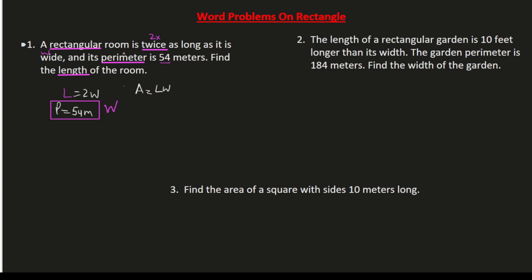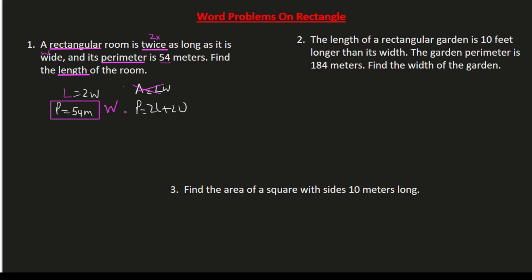However, in the problem here, there is no question of A, so we're not going to be using this formula. The other one is P is equal to 2L plus 2W. That's the second formula. Yes, this one we can use because they give us P here.